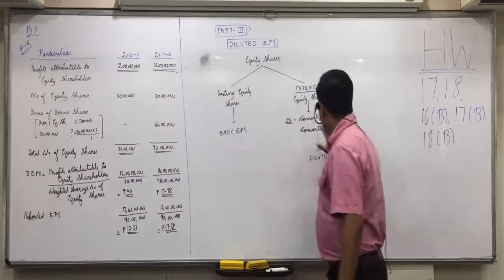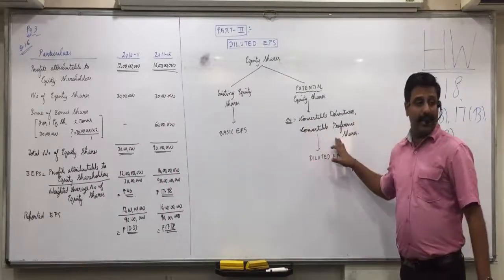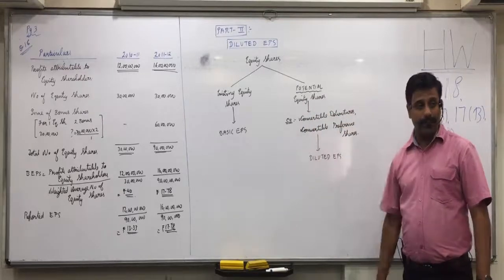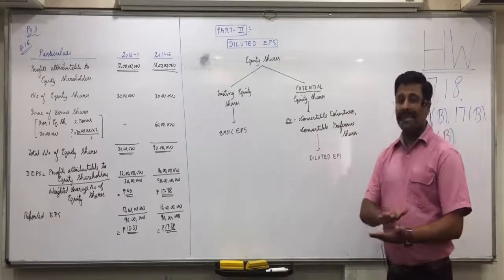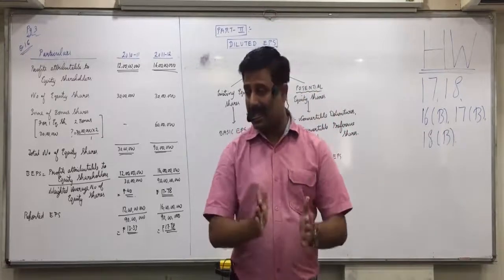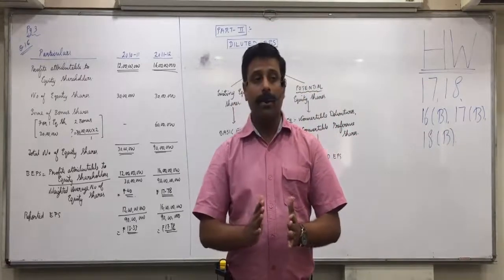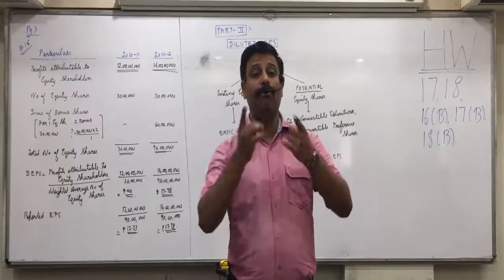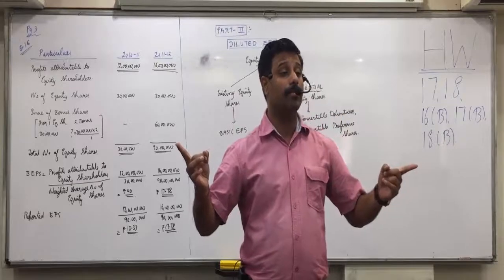See here, these debentures and preference shares are going to get converted into equity shares in future. Presently, whatever earning is distributed between the existing number of shareholders, will the earnings in future be distributed between more shareholders or not?